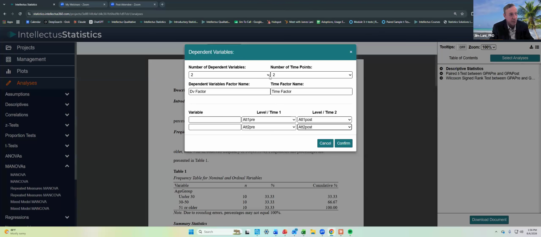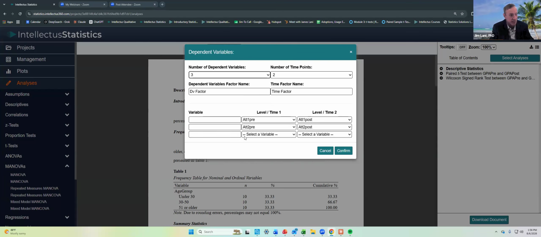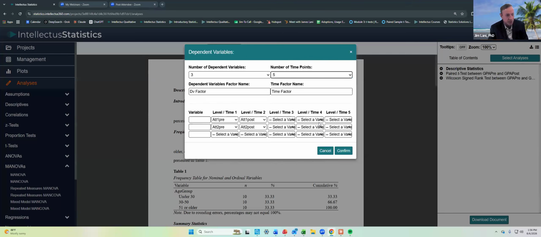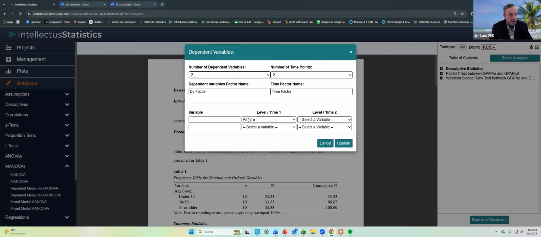By the way, if you change those DVs, you would get yet another level. You can have a number of DVs and a number of time points, but I think we have up to 5. So for demonstration purposes.